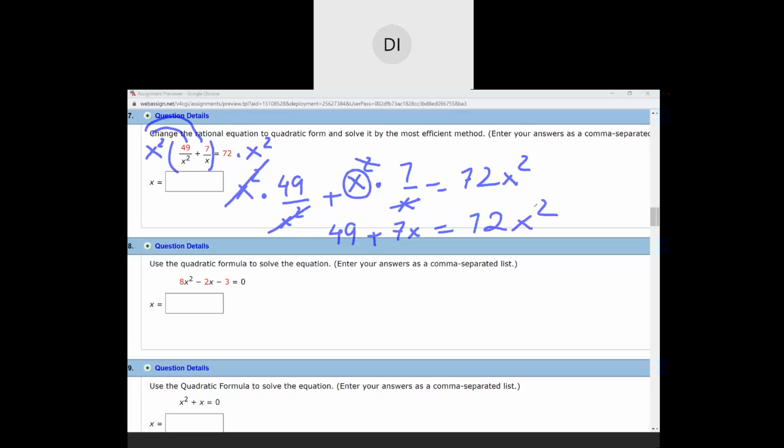And then this is quadratic, so I have to move everything to the same side. So you can subtract 7x, and you can also subtract 49 to be equal to 0. So the equation becomes 72x squared minus 7x minus 49 equals 0. And then you can use the formula to solve it.